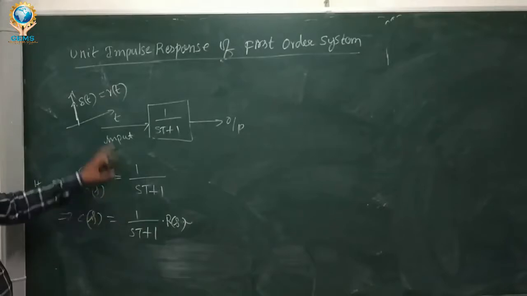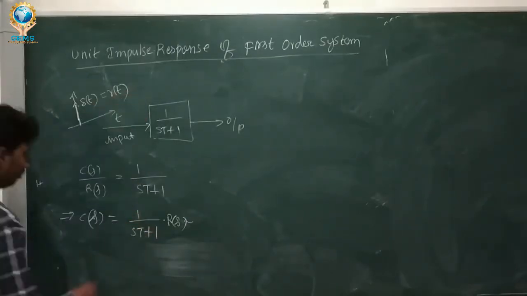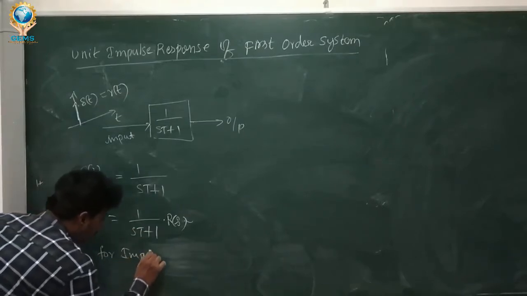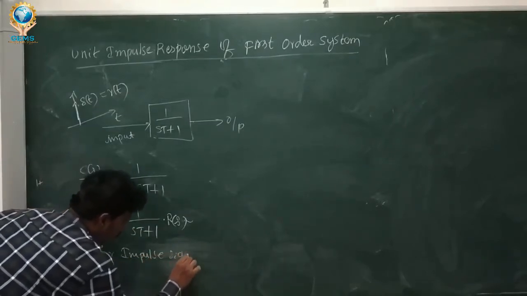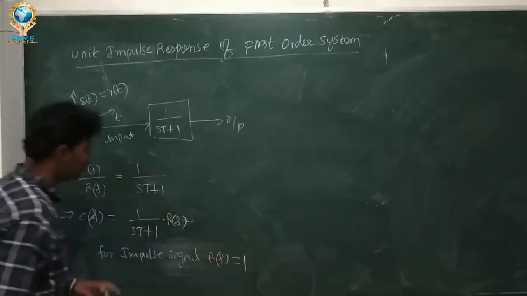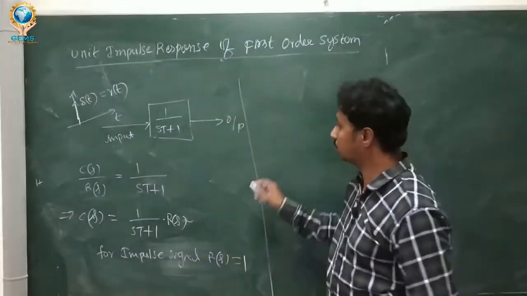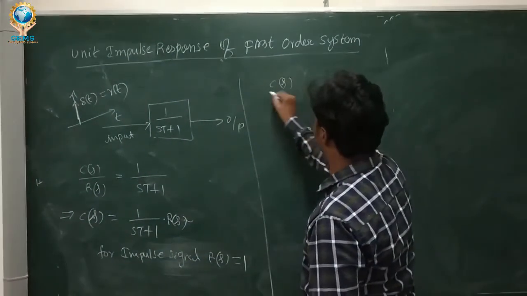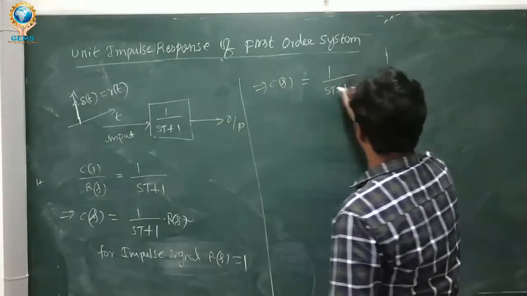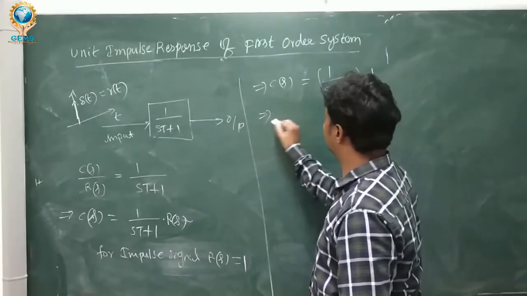For an impulse signal, R of s is equal to 1, right? You substitute R of s equal to 1 here. So C of s is equal to 1 by sT plus 1 into 1. Now apply inverse Laplace transform.